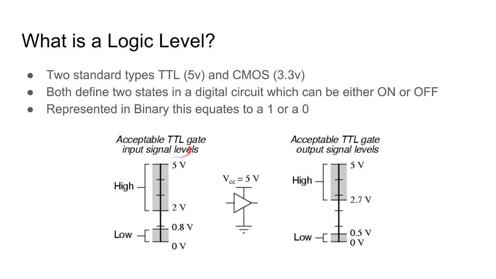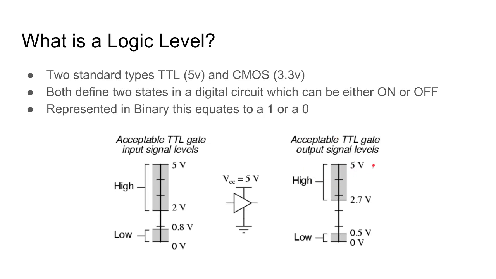These would be input signals to a TTL device, and what it defines is that any voltage between 2 and 5 volts will be represented as a 1, and any voltage between 0 and 0.8 volts would be represented as a 0. So these are the threshold levels within the inputs of a TTL device.